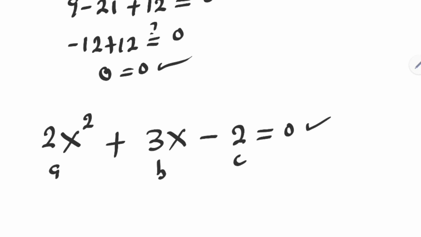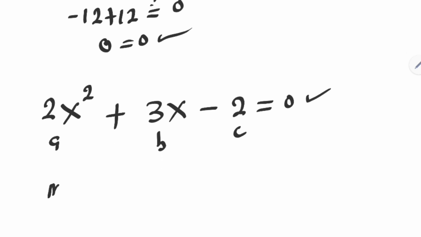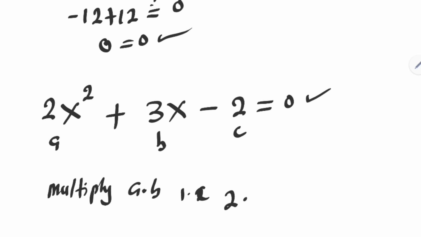What we need to do first is to multiply this A by C. If you multiply A by C, that is 2 multiplied by minus 2, this is equal to minus 4. Now, the C will be considered as minus 4.